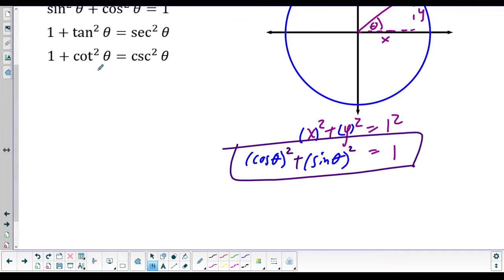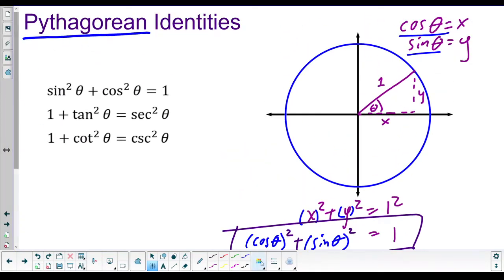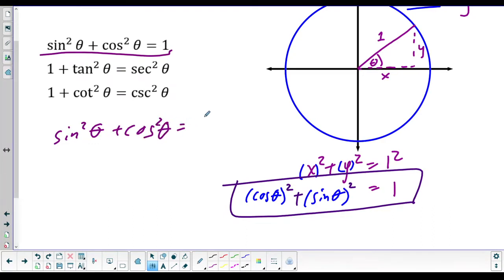So now we have 2 others here. These are also known as Pythagorean identities. The reason for this is because they're really easy to make out of this one. So let's take the one that everybody knows, and let's do a couple fancy math tricks to it. So we have sine squared theta plus cosine squared theta equals 1.